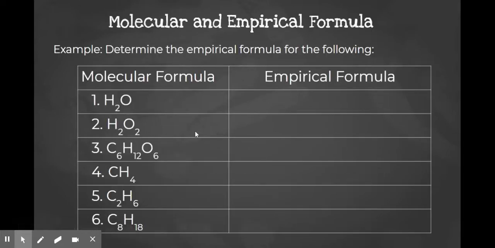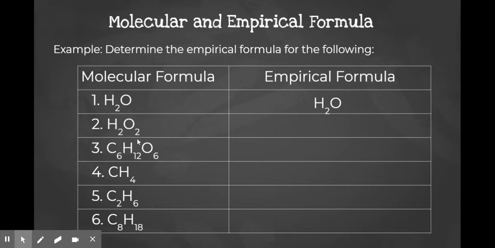All right, so let's try some examples. Here's some molecular formulas. Let's figure out the empirical formula. That first one, super easy. We've already done it. We said between 2 and 1, there's no reducing that. So the empirical formula is exactly the same. This one here, this is hydrogen peroxide.